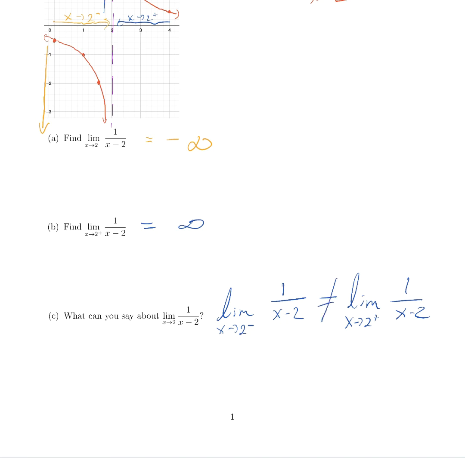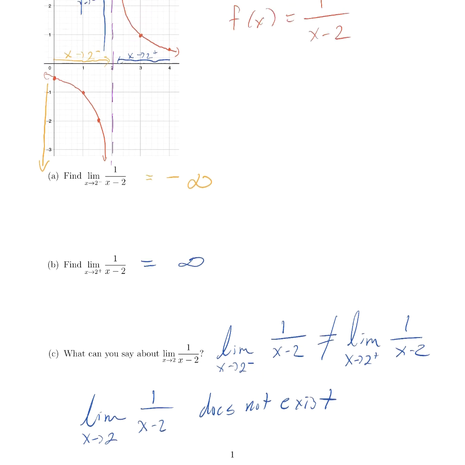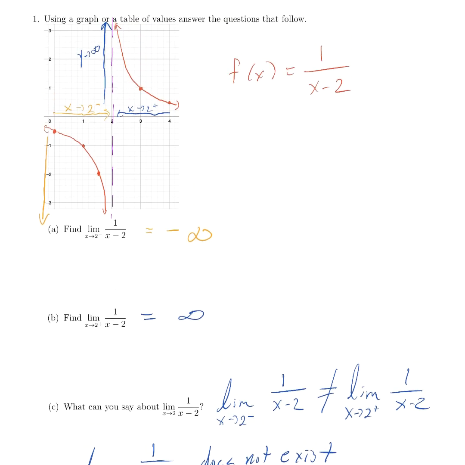One is negative infinity, one is positive infinity. So we say that the limit as x approaches 2 of 1 over x minus 2 does not exist. It doesn't exist because the left and right hand limits are different. And again, this is a situation where this function has a vertical asymptote, and that vertical asymptote is the line x equals 2.